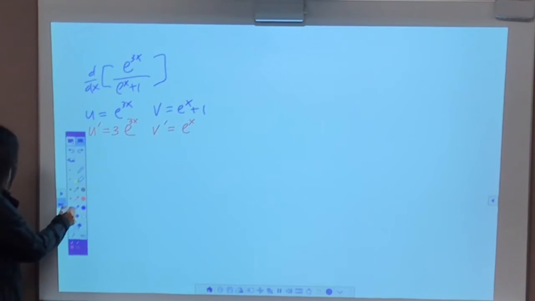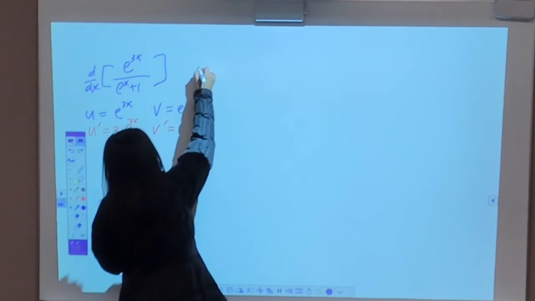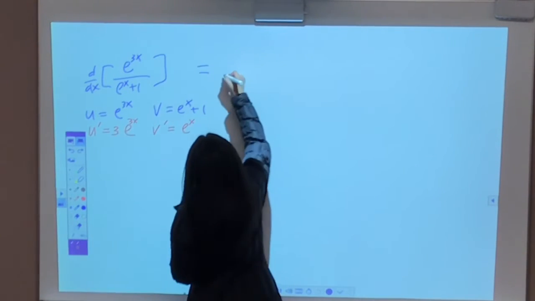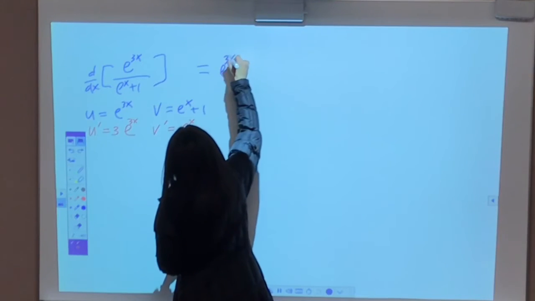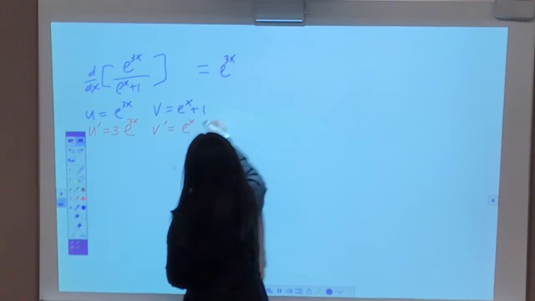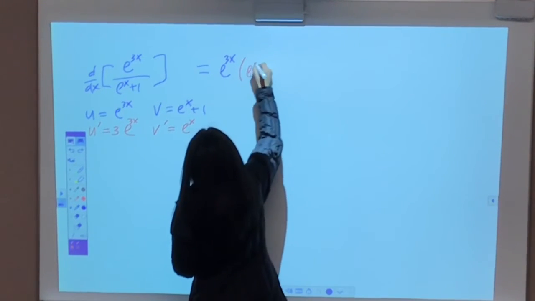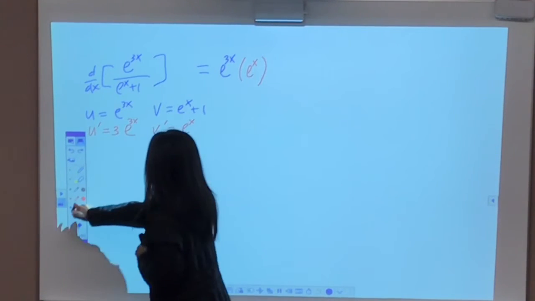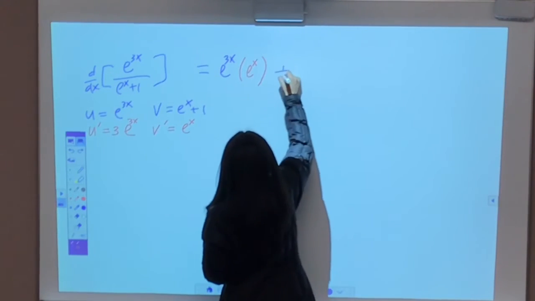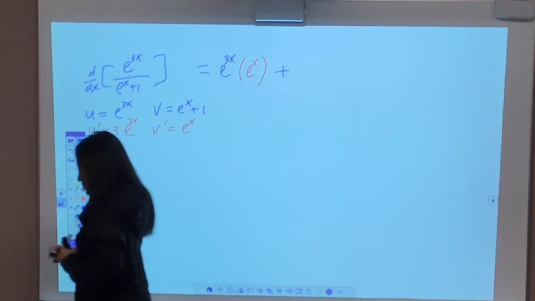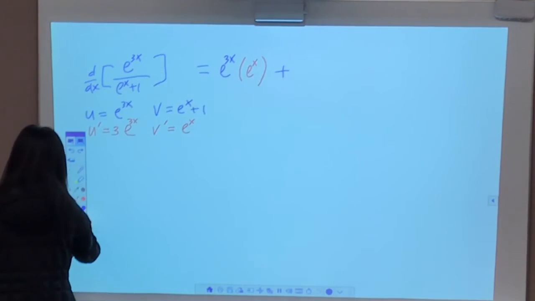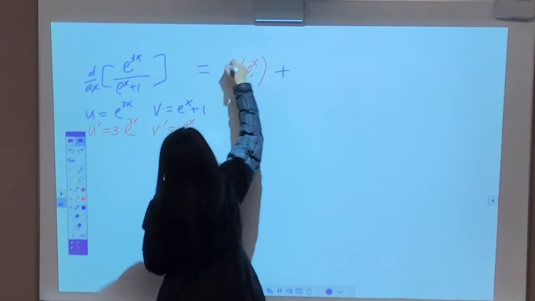And then let's write down our formula. According to our formula, that means u, e to the 3x, v prime, which is e to the x, plus, oh my goodness, what am I doing? I need to do a quotient rule.